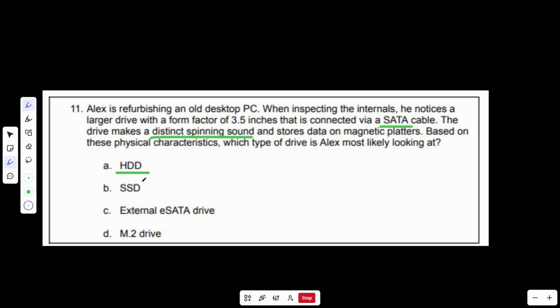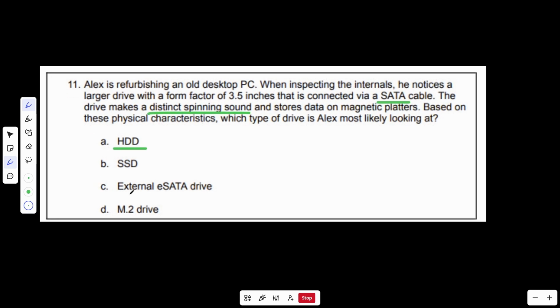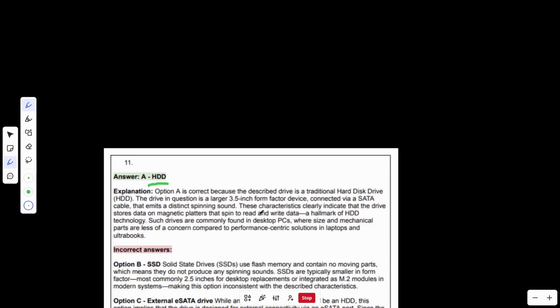There's no other option. So it could be an external eSATA drive, but either a hard disk drive or SSD could be connected externally via eSATA. There's nothing in this question that tells us that this is an external drive, and eSATA does not specify between SSD or HDD. Okay, so that's kind of like a trick option thrown in there to throw you guys off.